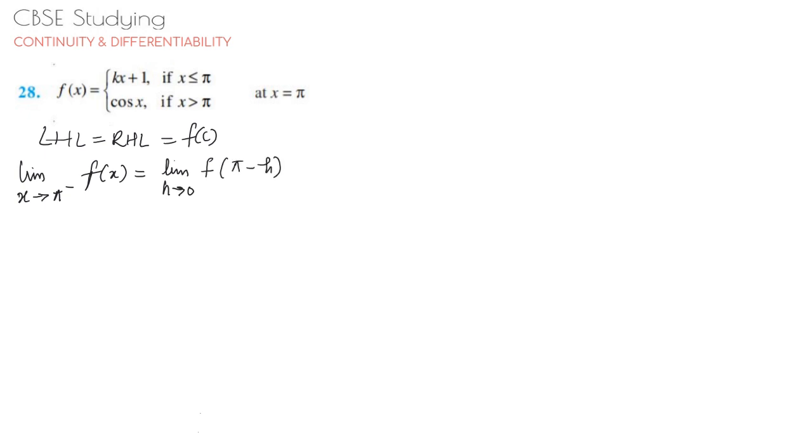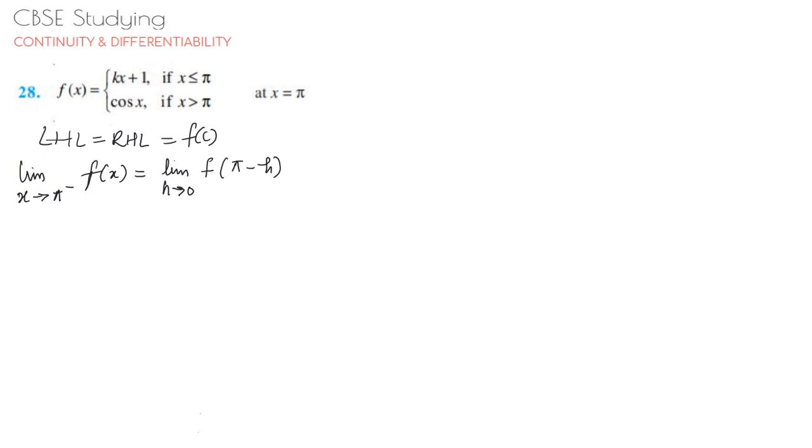Again, question number 8 is similar. What is our golden rule? LHL is equal to RHL is equal to f of c. So again, I'm going to do LHL. Limit x tends to pi minus f of x is equal to limit h tends to 0 f of pi minus h.